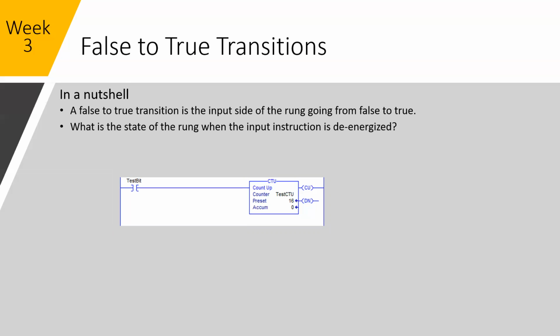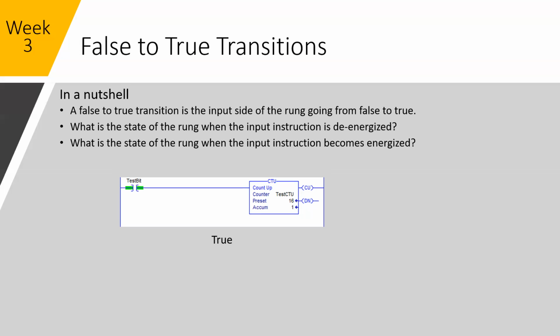So what is the state of the rung when the input instruction is de-energized? The state of this rung is false. What is the state of the rung when the input becomes energized? That would then be true.